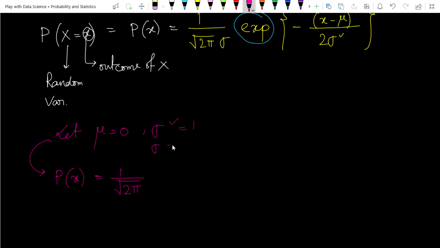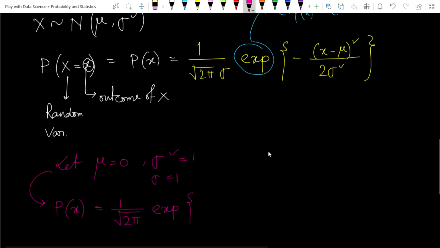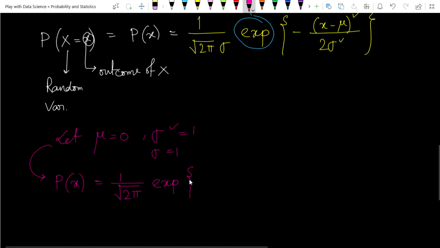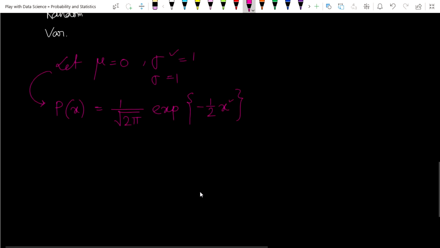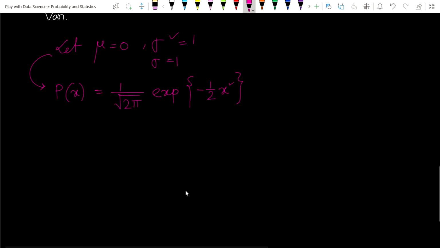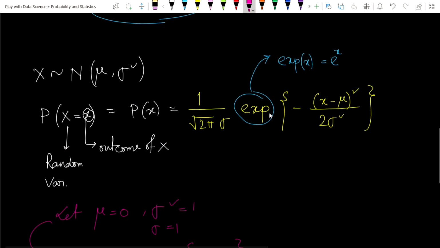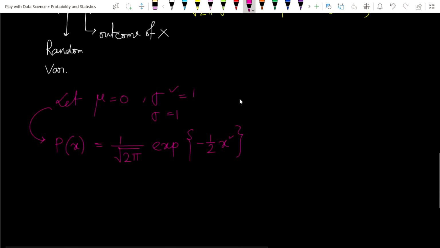Sigma square 1 means sigma is plus 1 or minus 1. Don't be confused. If the random variable follows this normal distribution, then the probability of x becomes 1 by root 2 pi, since sigma square equals 1 means sigma equals 1, times exp of minus 1 by 2 x square, since mu equals 0. If we are given these two values, we only need to calculate this equation, so I need to plot this equation to find the distribution.